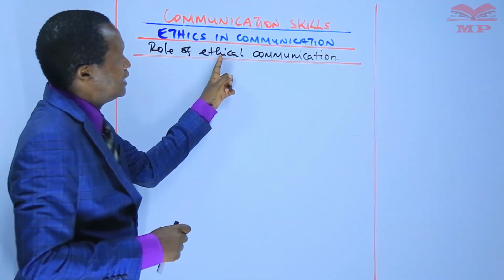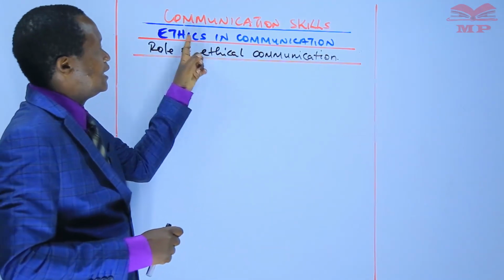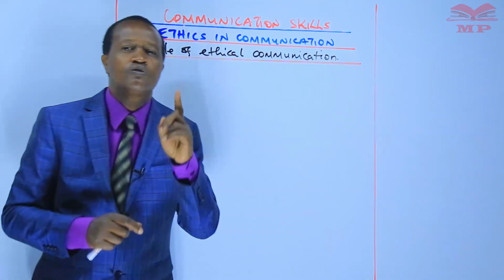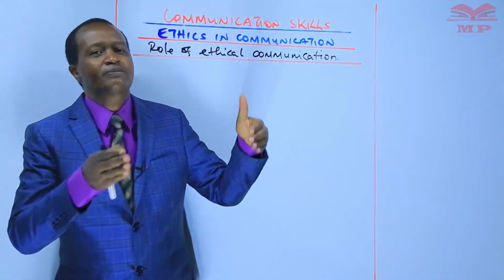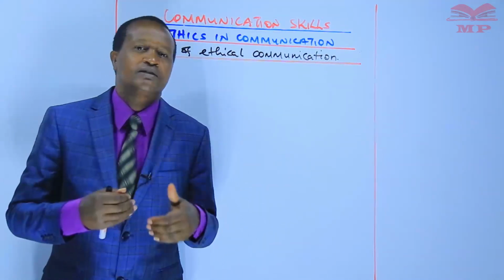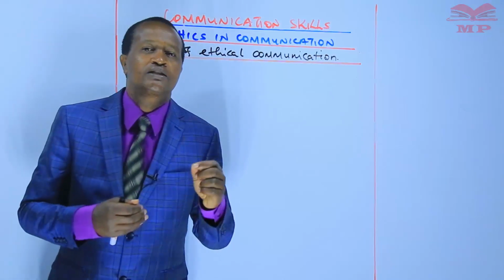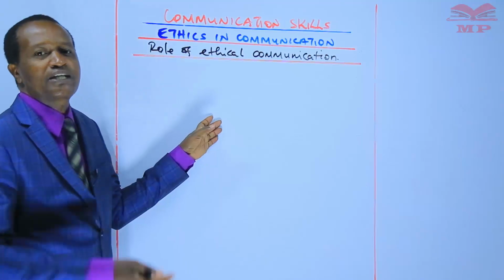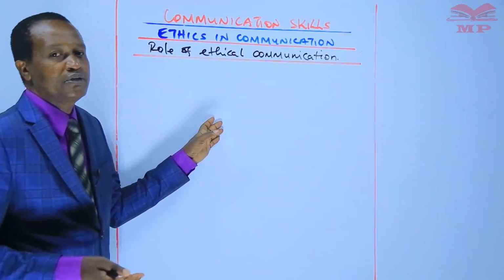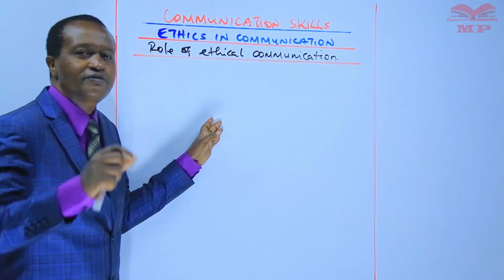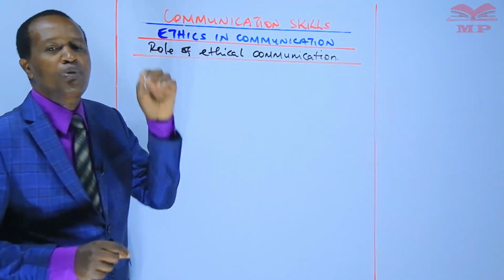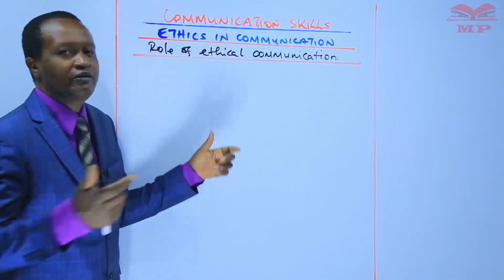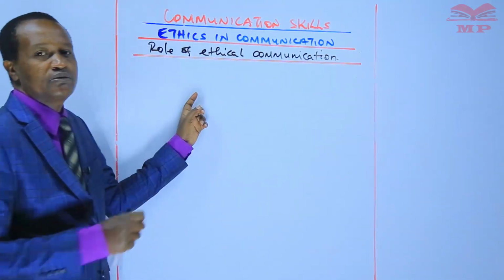Now, what is ethics? Candidates, ethics refers to a set of rules that describes acceptable conduct in society. I repeat, ethics refers to a set of rules that describes acceptable conduct in society. Ethics, in other words, serves as a guide to moral daily living and helps us to judge whether our behavior can be justified or not.